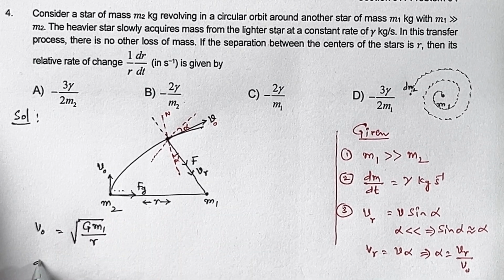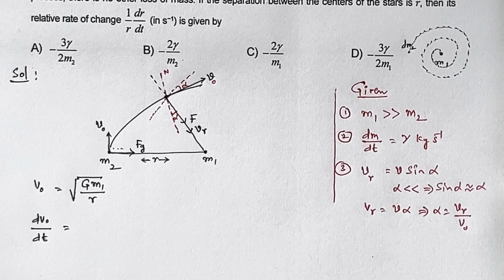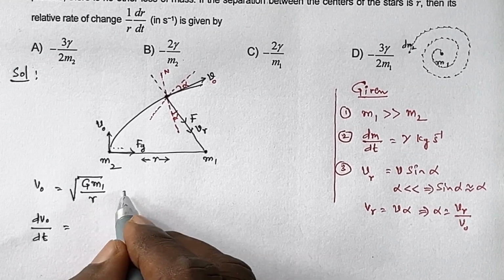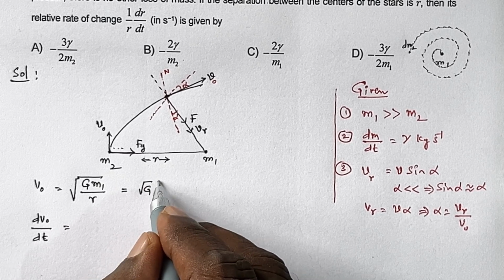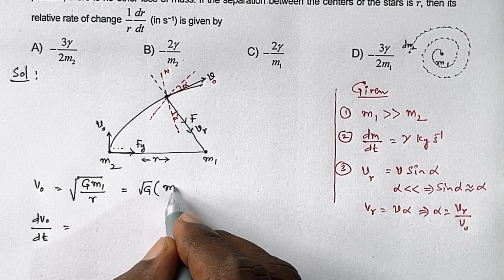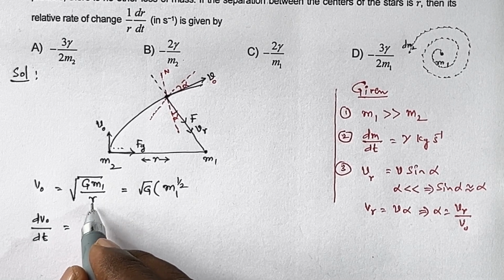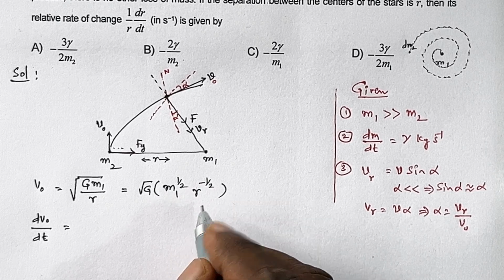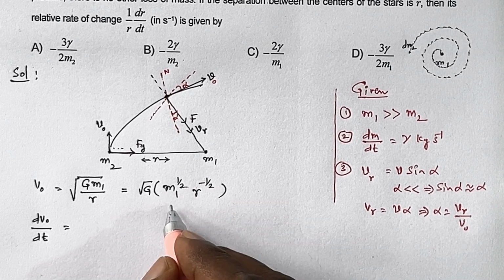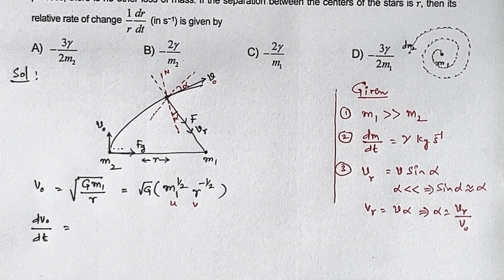This we have to differentiate, dv naught by dt, because we have to calculate the rate of change. For simplicity, I will write it like this: root G is a constant, root m1 means m1 power half, and root r is in the denominator, so it comes to the numerator as r power minus half. In our differentiation, this is u, this is v. You know the formula for differentiation of uv.